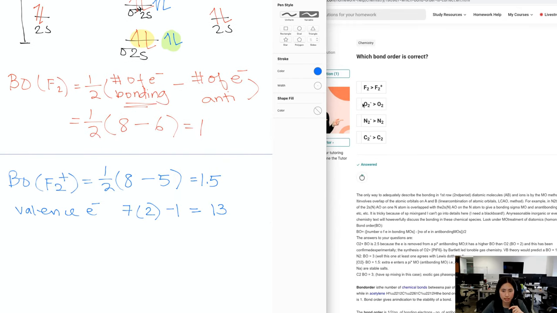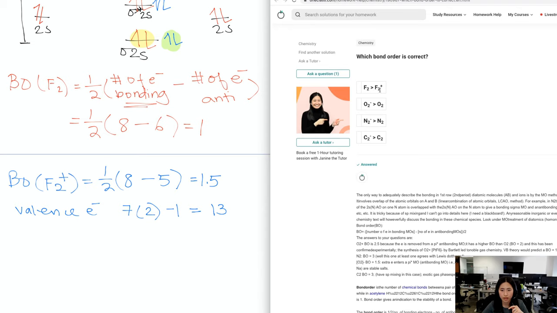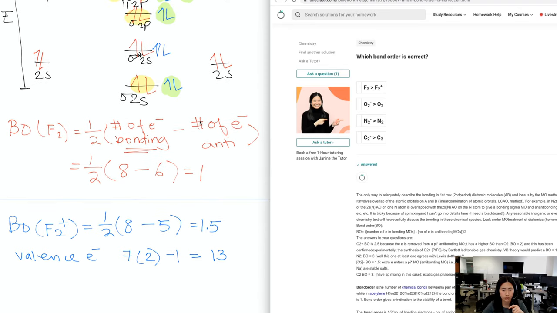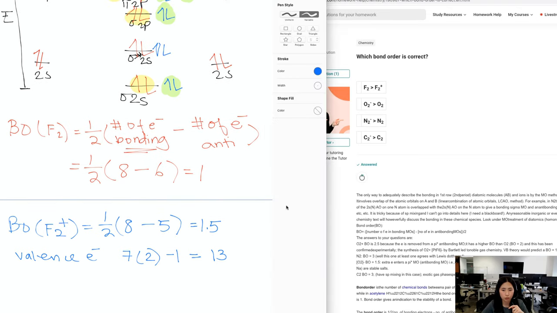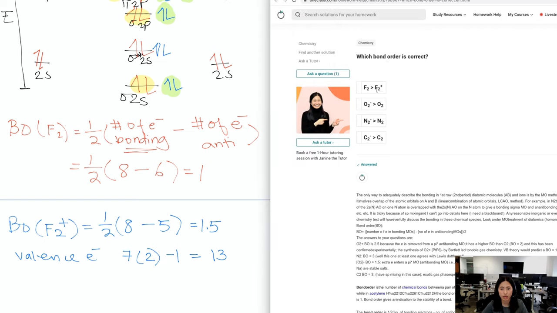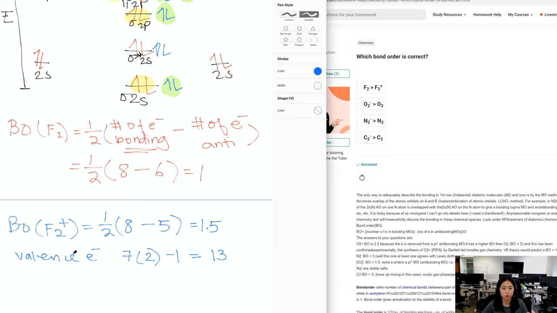As we can see, F2 and F2 plus are being compared for bond order. The bond order of F2 plus is actually greater compared to F2. So the first one is actually incorrect because we know that F2 plus has a greater bond order compared to F2.